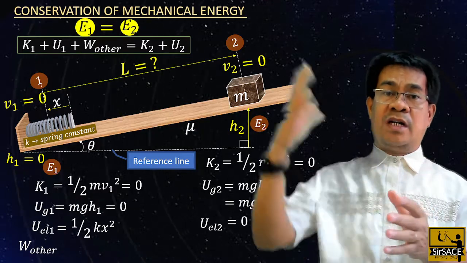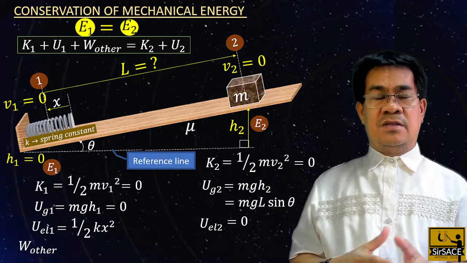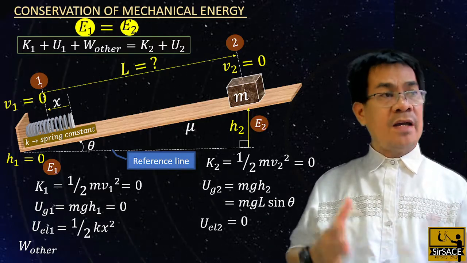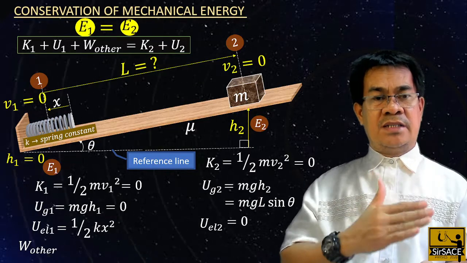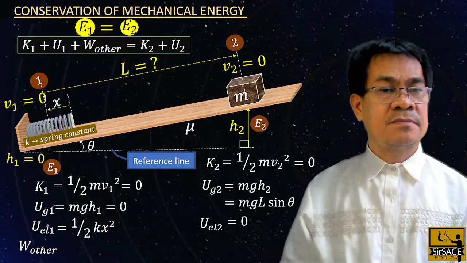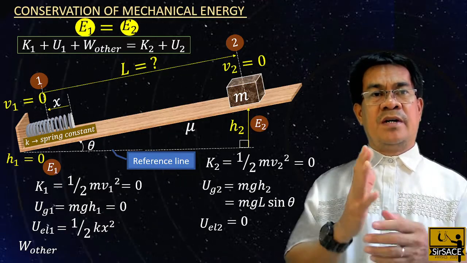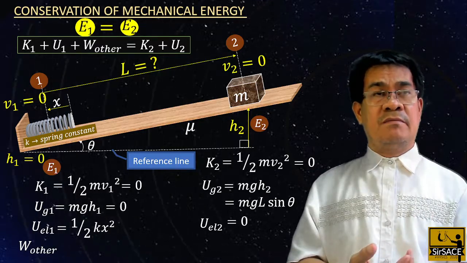So we have to recall again our previous videos on work done. Remember that forces and their displacement have work done. All forces must have work done. And remember, for a constant force, work done is the product of the force times the displacement times the cosine of the angle between them.